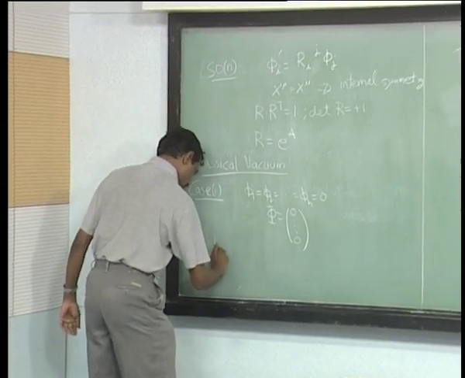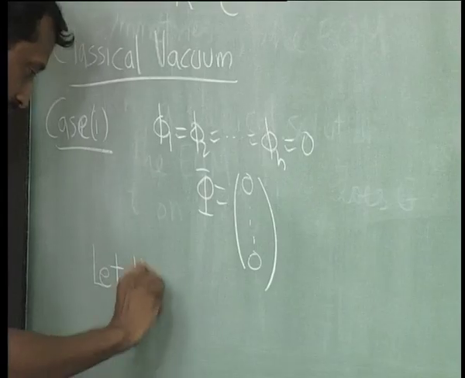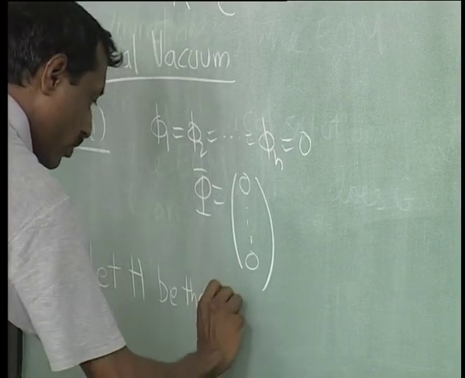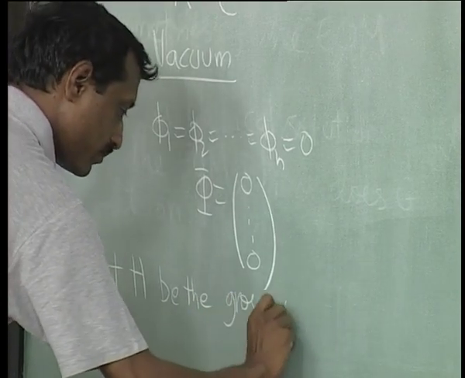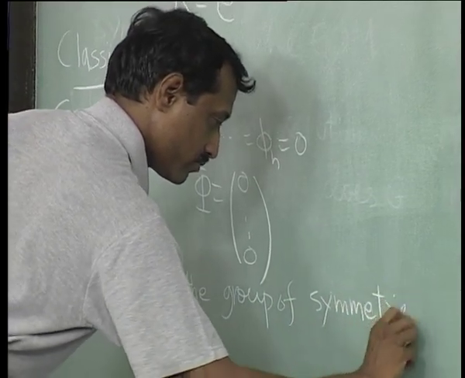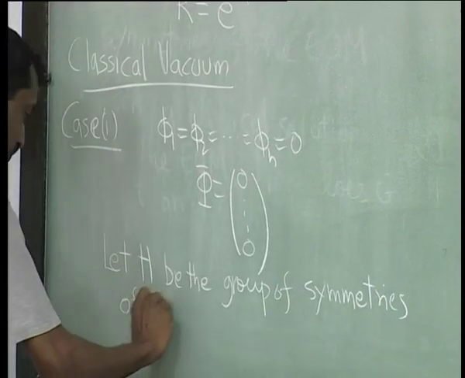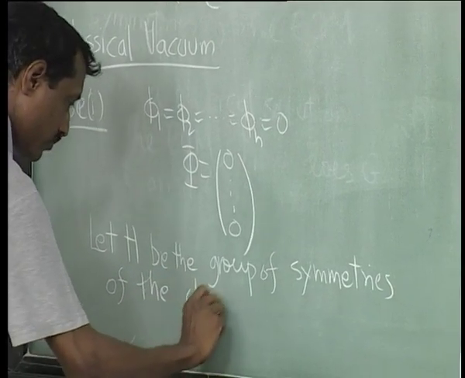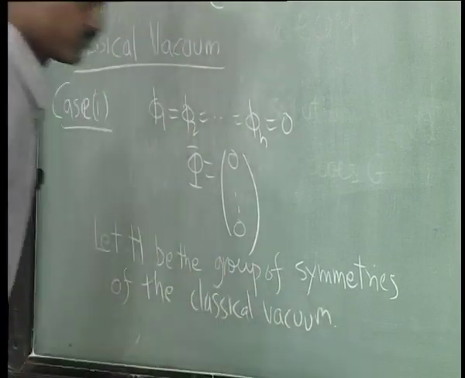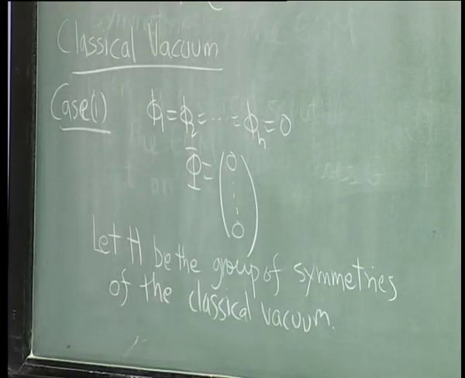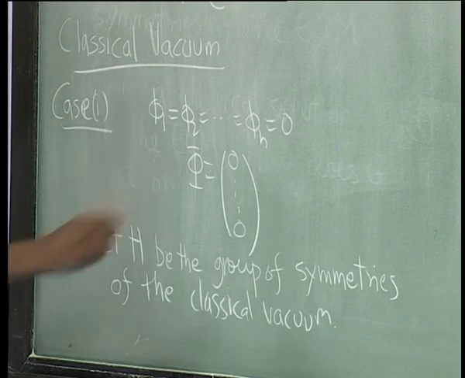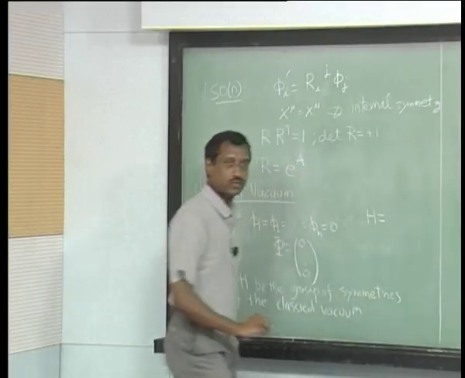Okay. So, let me just define. So, let H be the group of symmetries of the classical vacuum. Okay, this will also form a group, obviously, by the same argument, but in this case here H is also equal to SO(N).